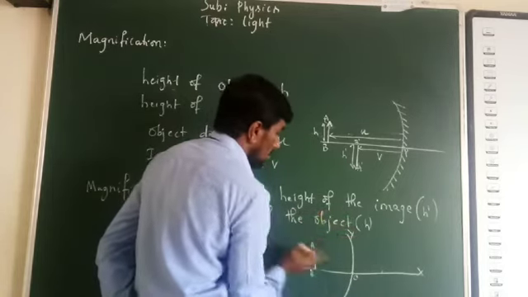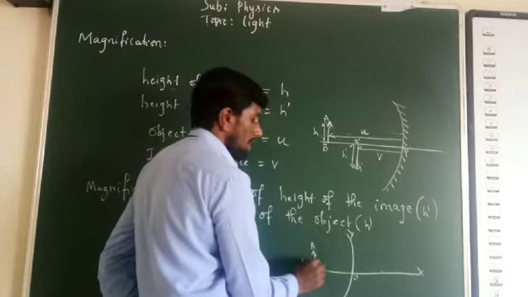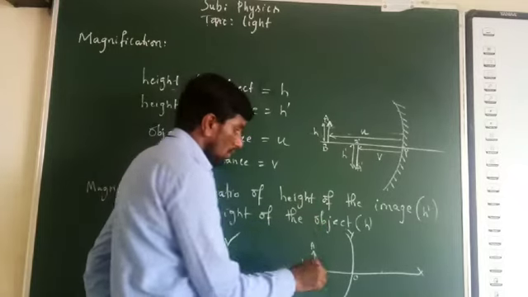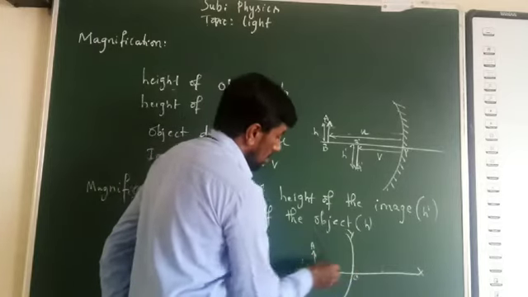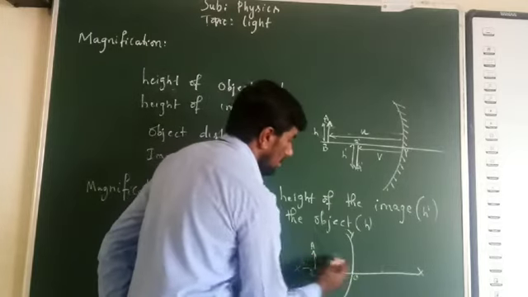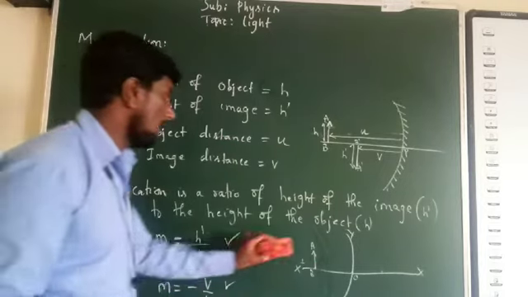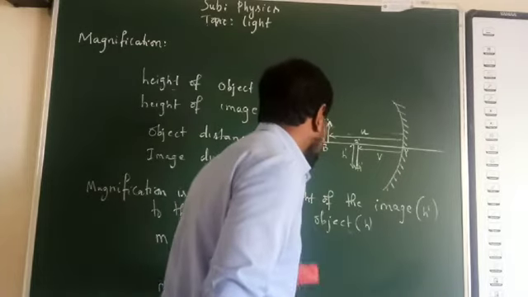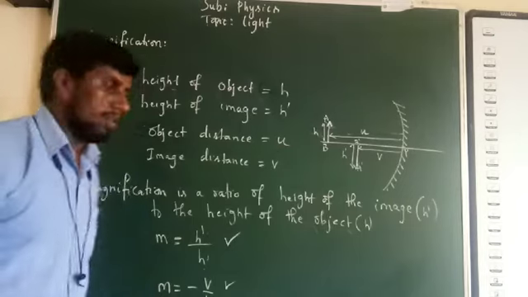The distance of the object you should take as negative because it is on the negative x-axis. That sign convention you should remember and apply for all the numericals.